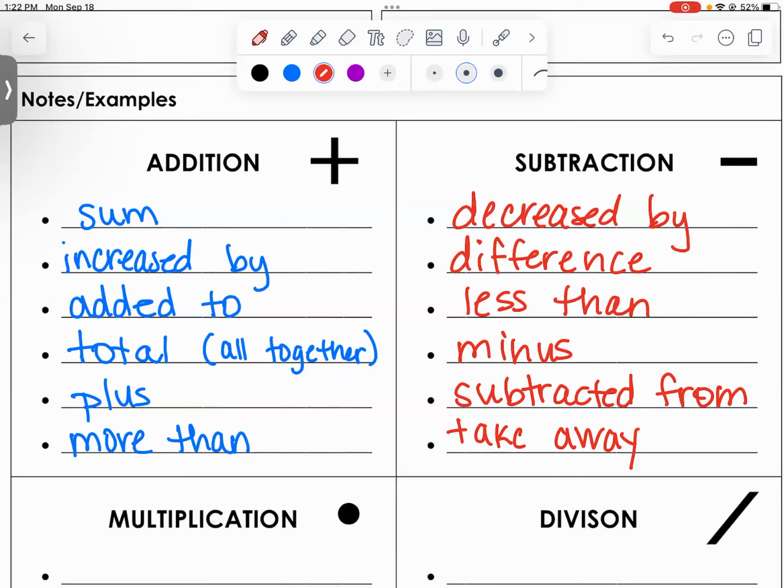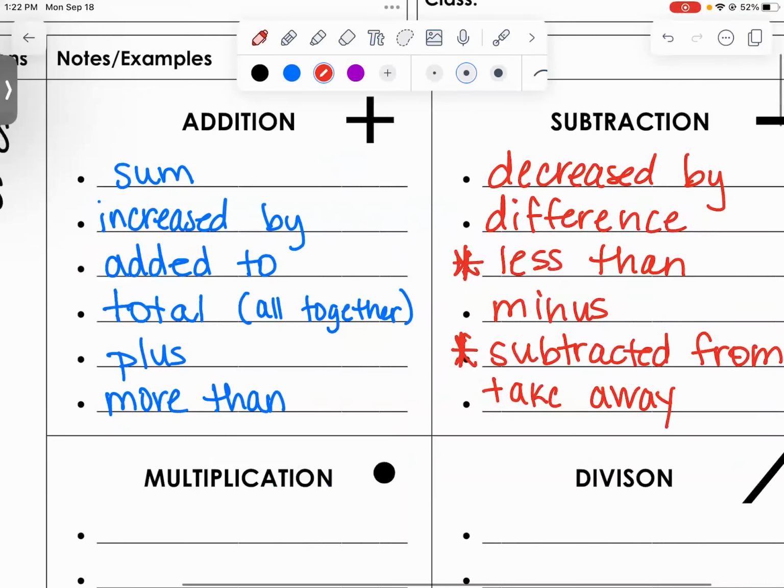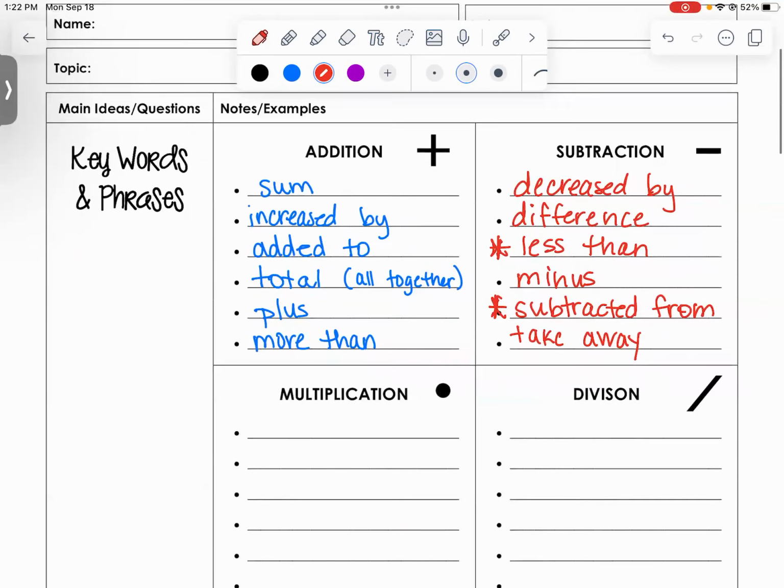Peyton? Take away. Okay, now I want you to put a star next to the less than and subtracted from. There's a little star by those, because what happens when we have those is they're sort of written backwards.